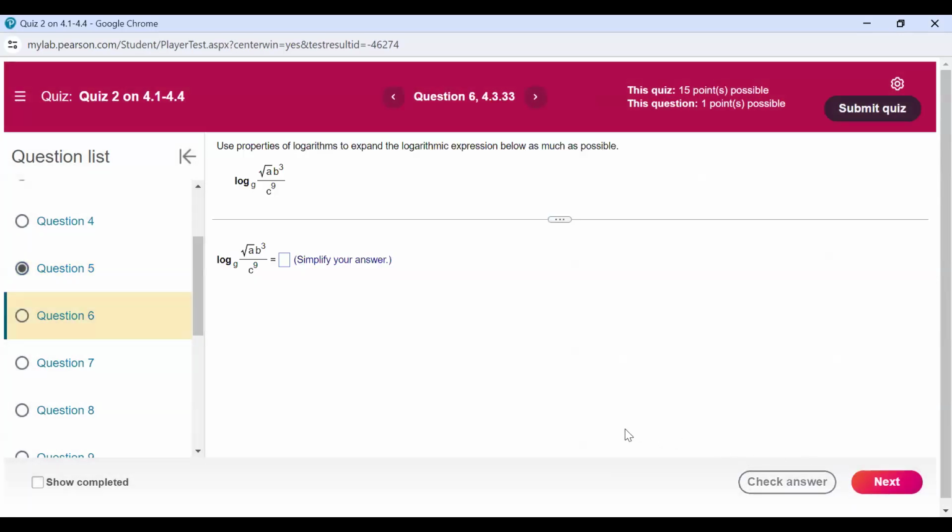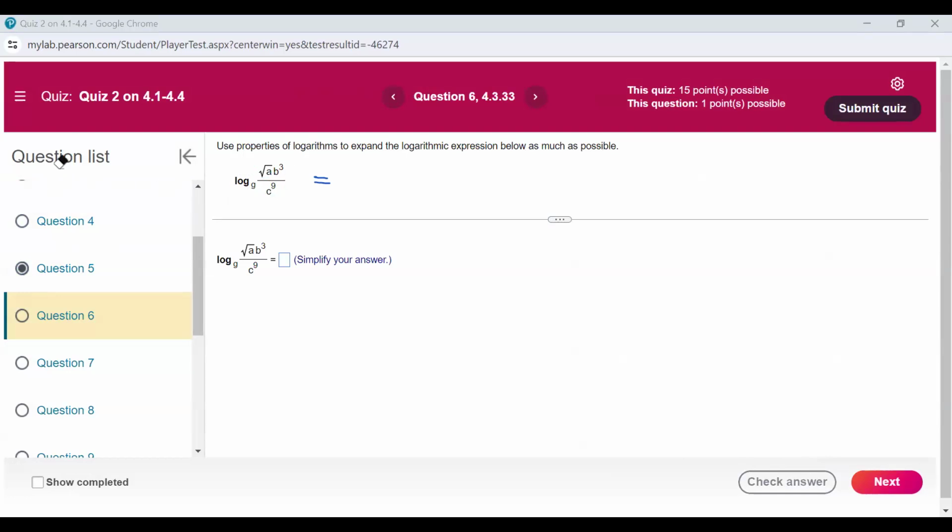Okay, we're going to use properties of logarithms. This is from section 4.3, to expand the log expression below as much as possible. And so here we're going to use the power rule, the product rule, and looks like the quotient rule. So first, let's separate each of these parts, right? So you have 3 of those parts there.